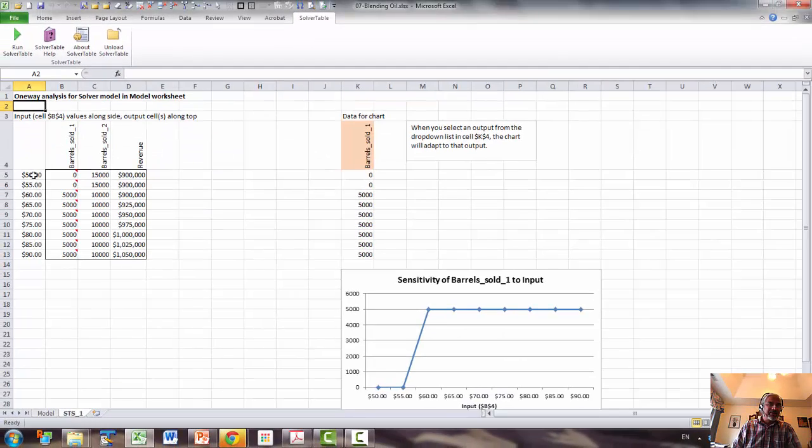So here, as the price per gasoline increases, then you produce more of gasoline and less of heating oil.